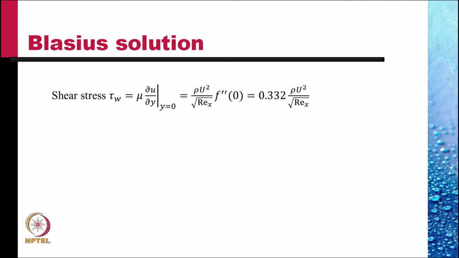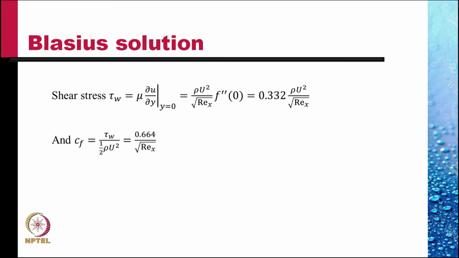The value of f double prime at wall, that is at eta equal to 0, was obtained as 0.332, and so the shear stress at the wall is 0.332 times rho capital U square divided by under root Rex. Rex increases as x increases, and so the shear stress decreases as we go along the plate.